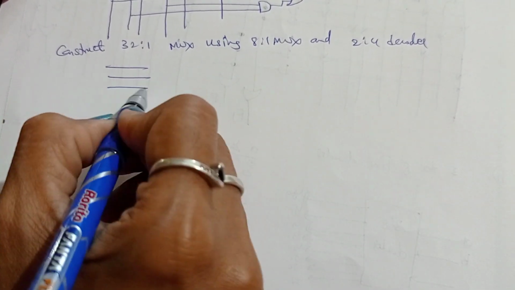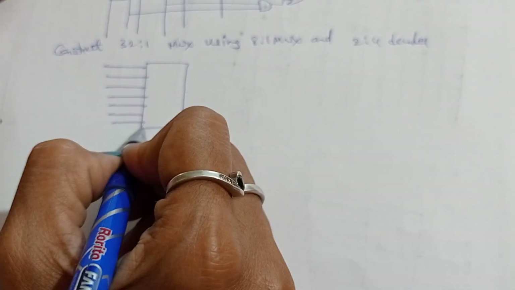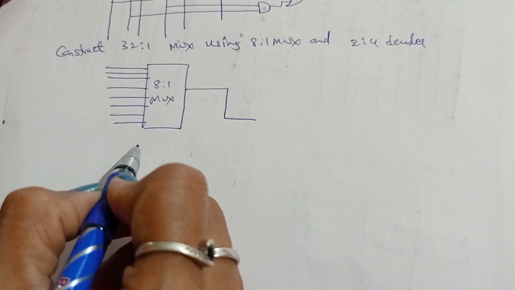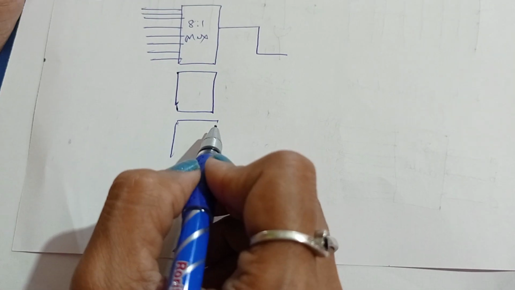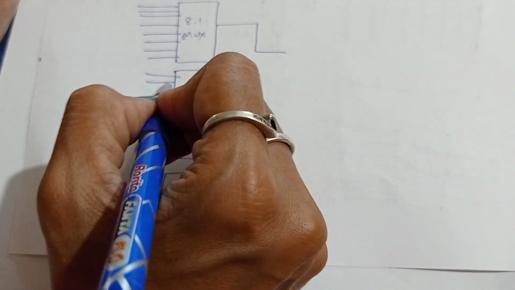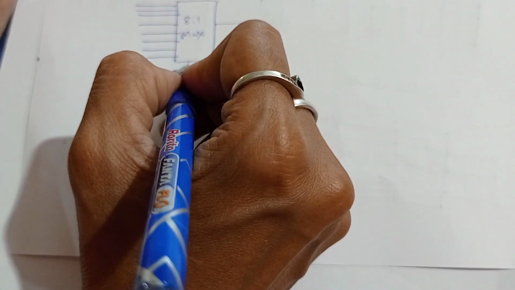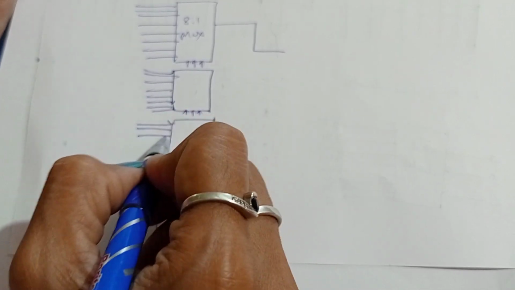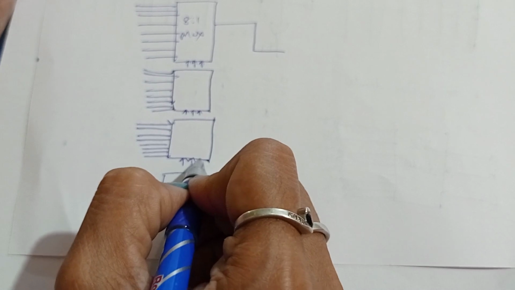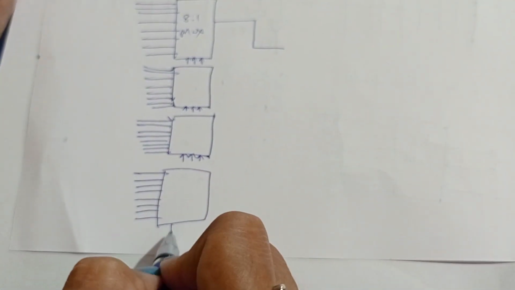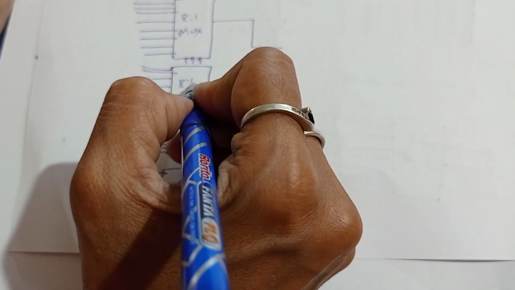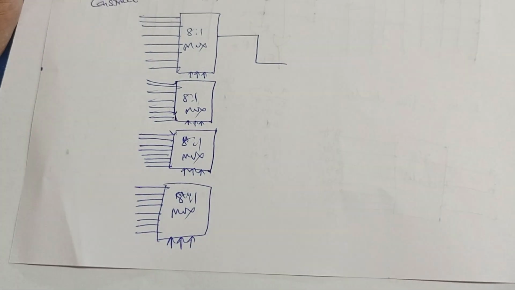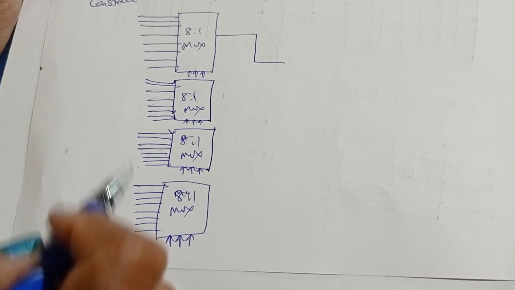Now we'll take 8:1 mux, and 3 more 8:1 muxes, with 3 control inputs A, B, C. Again we take 8 inputs each, and for all you need to mention 8:1 mux. Totally 8, 8, 16, 16, 16, 32.